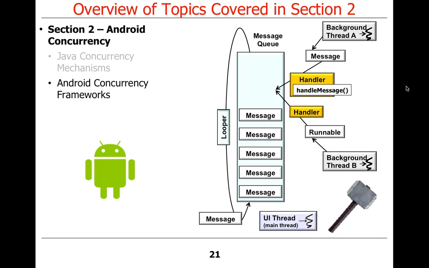The main thing we're going to focus on in this section, section 2, will be the Android concurrency frameworks. And as you'll see, there are two predominant frameworks in Android, one of which is called handlers and messages and runnables, which I call the hammer framework. Handlers, messages, runnables, hammer.